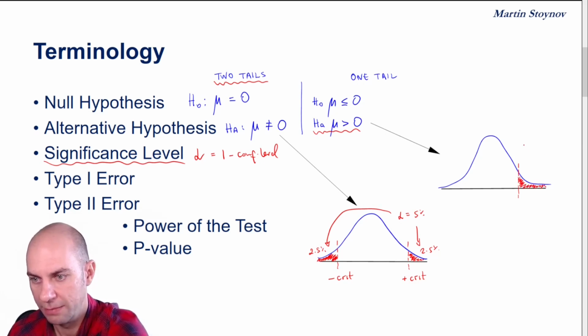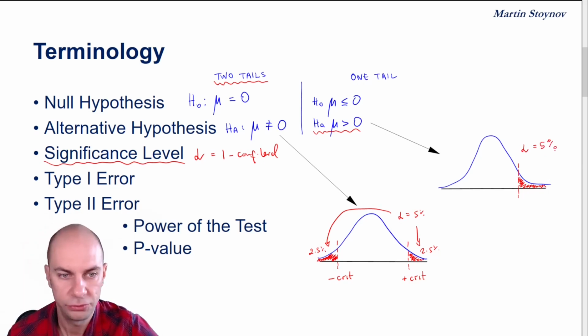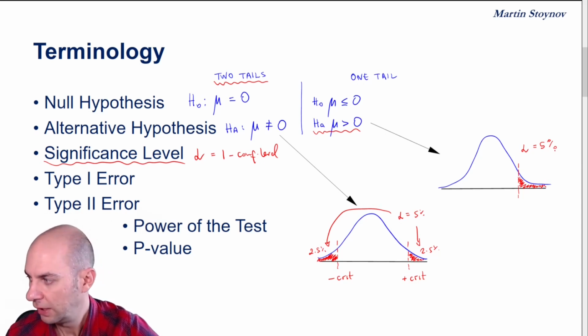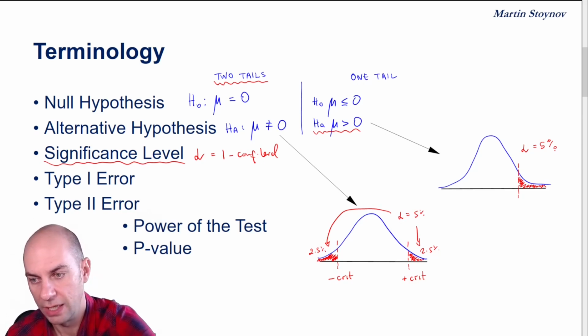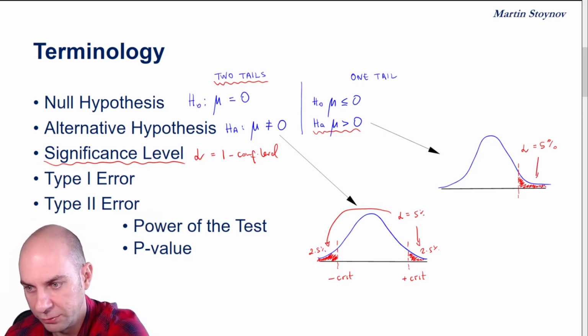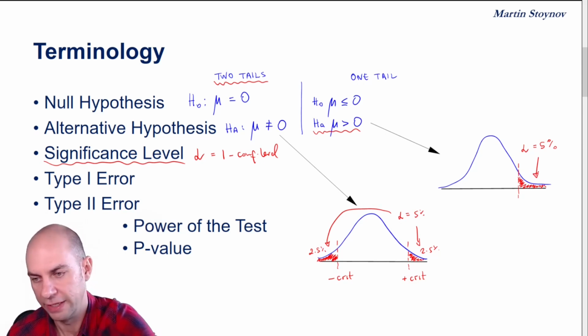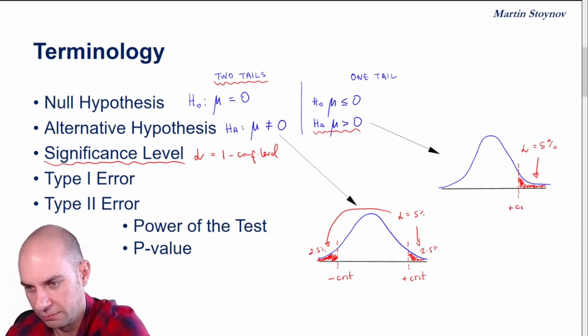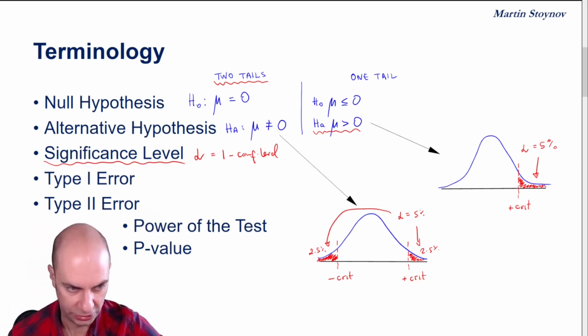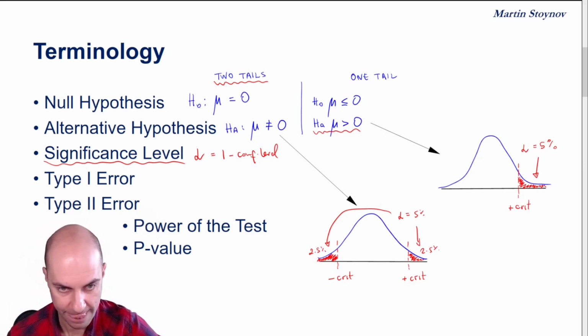But once again, I am performing a test, let's say at the 5% significance level or the 95% confidence level. And that is telling me that now the entire 5% is in this tail, right? And therefore, that's going to affect my critical value. Okay.